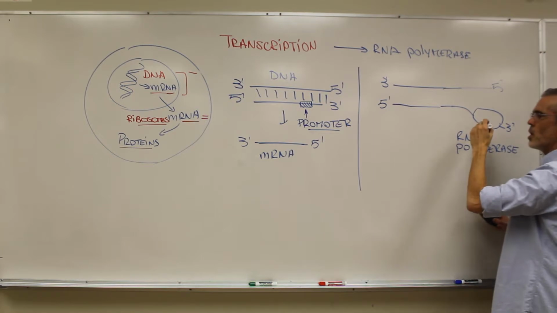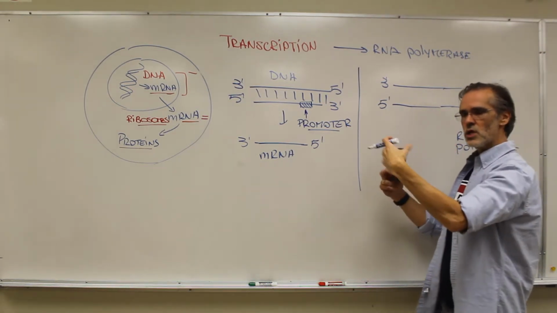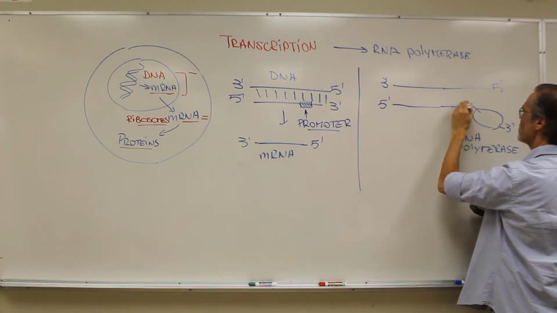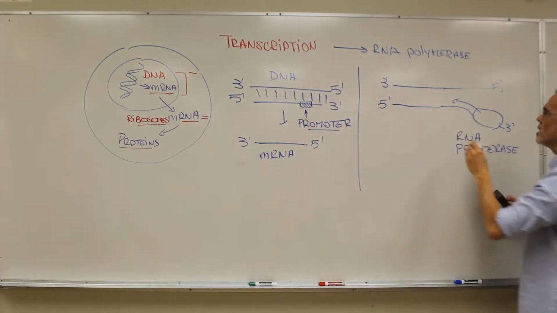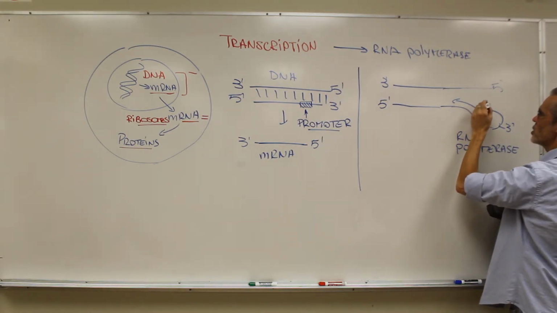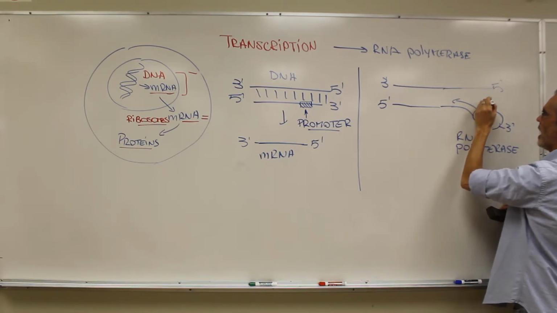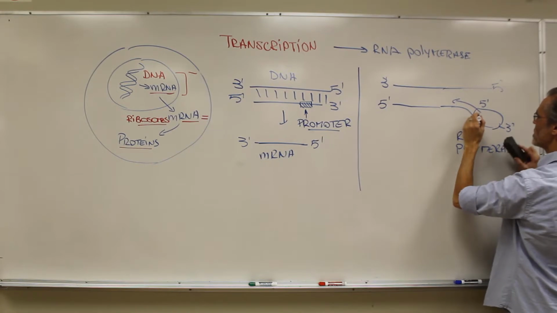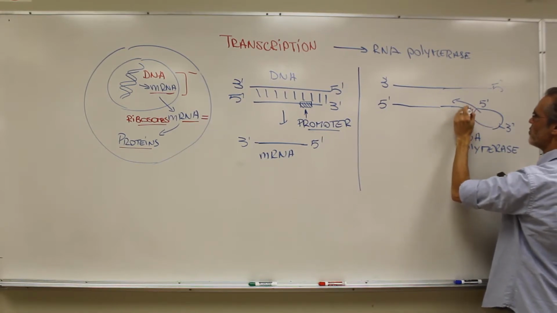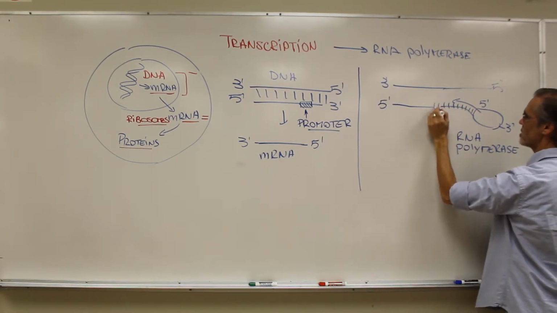Now, the direction of synthesis is this way, right? So it's going to create a molecule here that starts at 5', and this RNA polymerase is going to read every single nucleotide here, right?